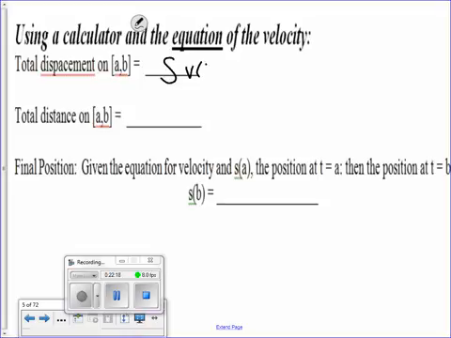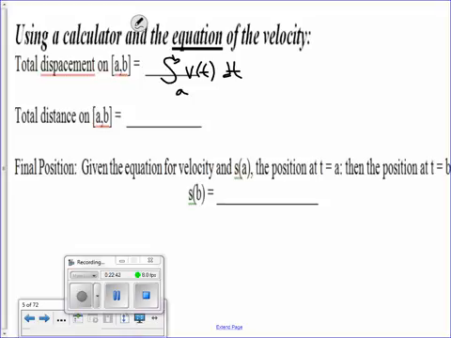Yes. You would integrate velocity from A to B, because that's going to give me exactly what you said. You take the antiderivative of velocity, and that gives you position, and you plug in upper and lower and subtract. So if you want displacement, you take the definite integral of velocity from A to B, and that'll give you the position at B minus the position at A.